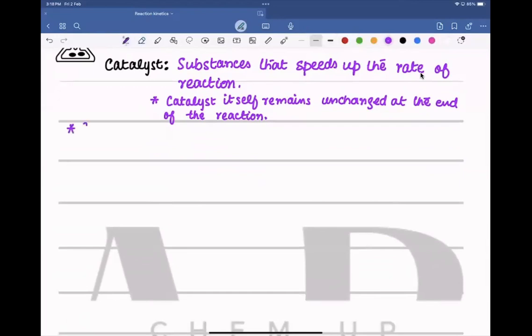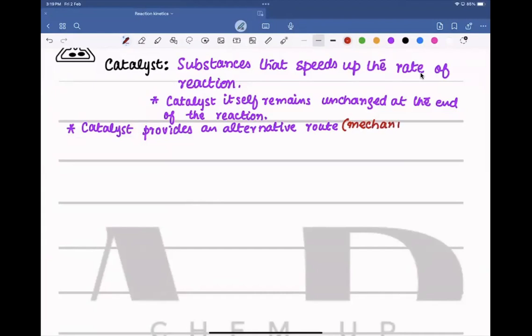So what do catalysts do? A catalyst provides an alternative route. And what is the alternative route? It is the one which has the lower activation energy. And route means mechanism, that is, how the reaction occurs.